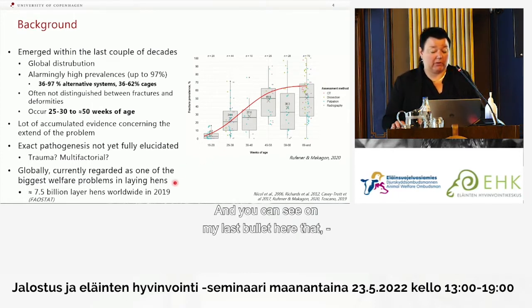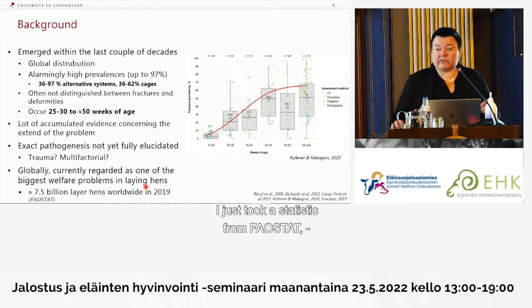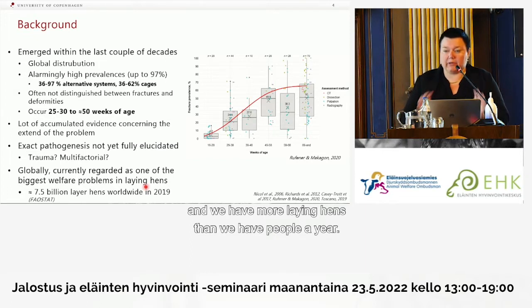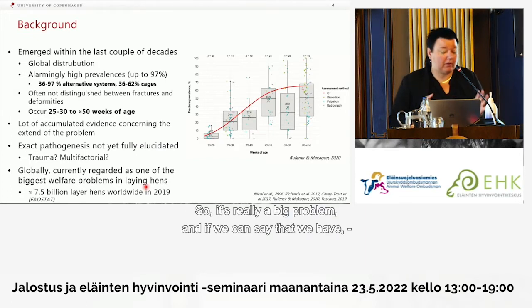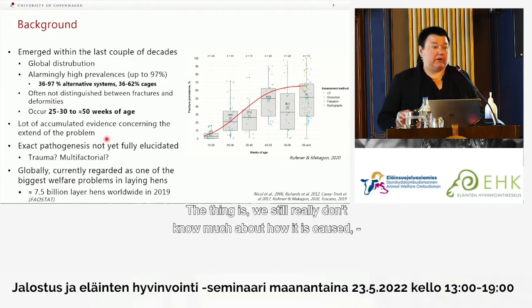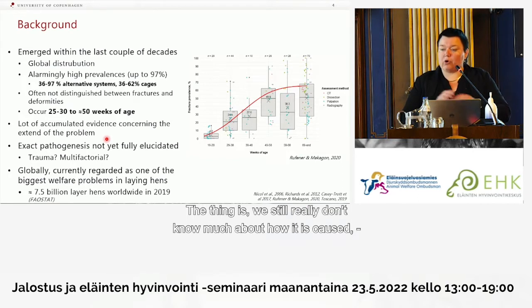You can see on my last bullet here that I took a statistic from Færøstat, and we have more laying hens than we have people a year. So it's really a big problem. If you can say that at least 2/3 of the birds have at least one fracture, that's huge. The thing is, we still really don't know much about how it is caused.